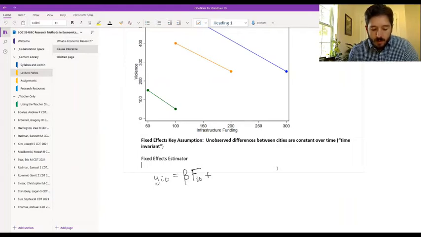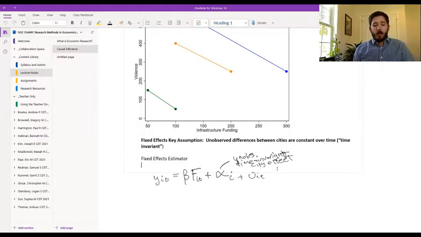Then we have some unobserved time invariant city effect, alpha i. So this is some constant associated with a given city i, and then we have our error term. We're not observing any of this, so that would all be in our error term if we were to just run this regression with infrastructure funding.